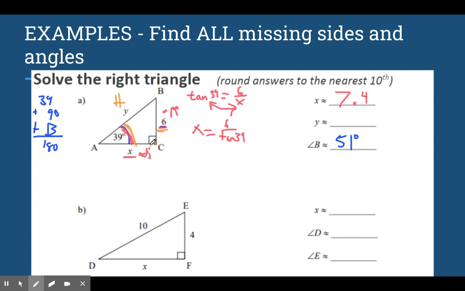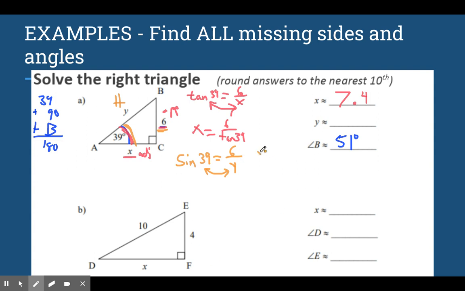So to solve for y, we're going to use sine because we have opposite and hypotenuse. So we set it up as sine 39 equals opposite over hypotenuse. Opposite is 6. Hypotenuse is y. So that means the variable is on bottom, so we flip and divide. In order to save space for this problem down here, I'm going to go this way.